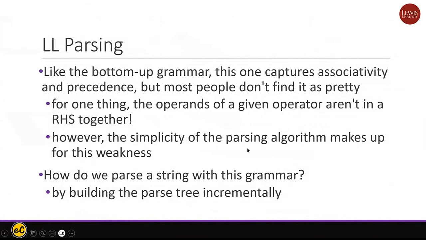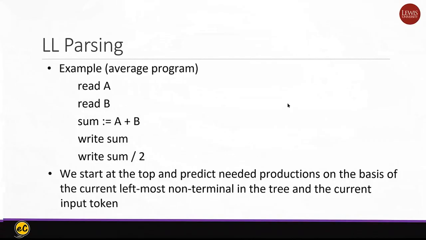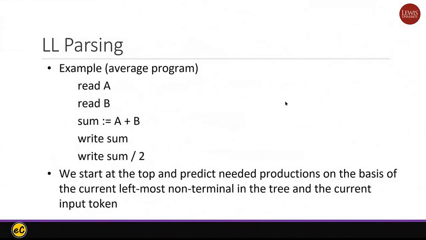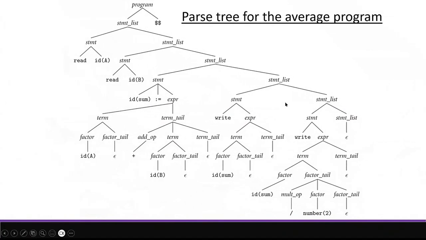Okay, that's actually top-down parsing, and then we may also have the bottom-up parsing. So bottom-up parsing is called LL. I'm sorry, but this LL parsing is top-down parsing. Top-down parsing actually is very easy or straightforward to implement. So here, this is a parse tree for the average programs.